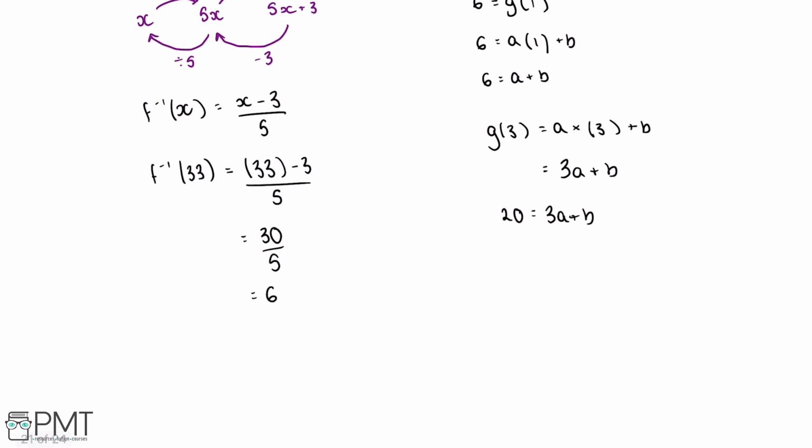Now what we can see here is we have 2 variables a and b, and we've formed 2 different equations. So what we can do is form a set of simultaneous equations. So we can let this be equation 1 and this be equation 2. And what we're going to do is equation 1 minus equation 2.